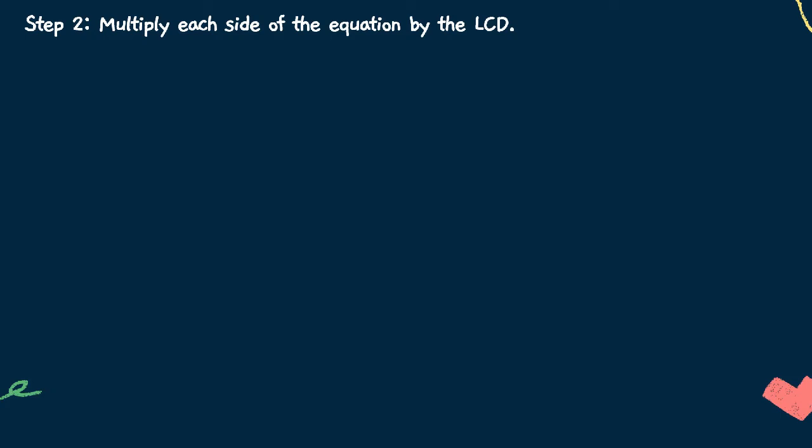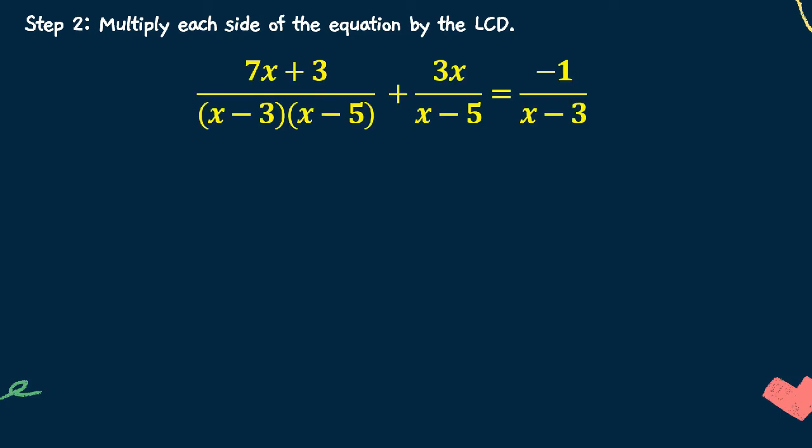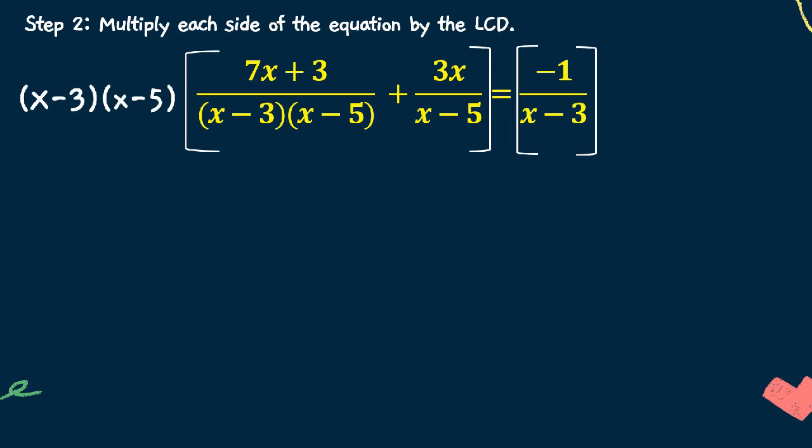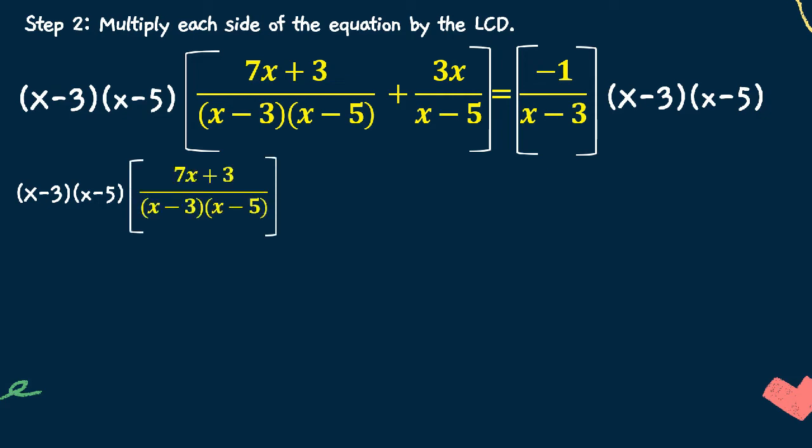So, our step 2 is simply multiply each side of the equation by the LCD. This is the given equation. We simply multiply each side by the LCD and distribute the LCD to each term. We have the first term, 7x plus 3 over the quantity of x minus 3 times x minus 5.